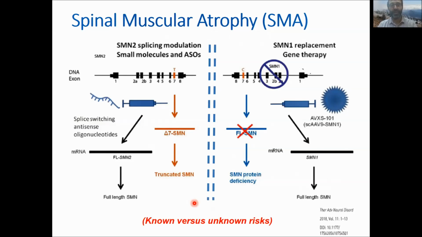So there was an available specific therapy, this ASO, Spinraza, that led to modified splicing of the SMN1 gene, inclusion of exon 7 that's missing in SMA. And this is a small DNA given intrathecally repeatedly, but it was known to have benefits and already FDA approved.